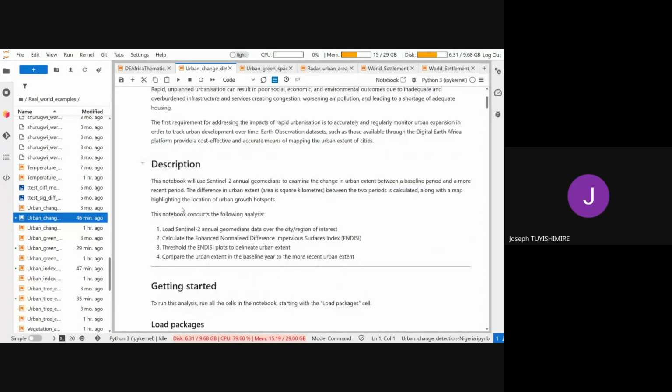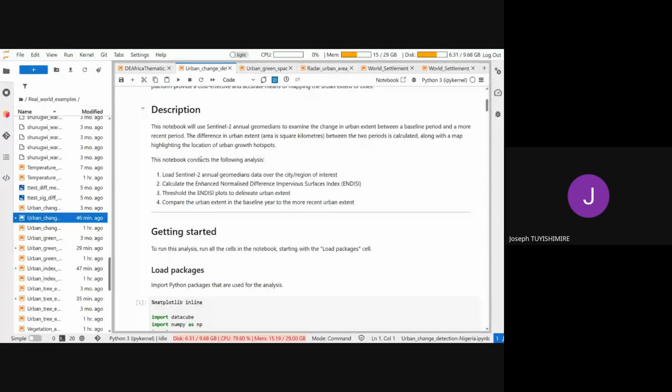So here in the background, we load the Sentinel dataset. We create the ENDISI index. We define the threshold. Then we compare the baseline with the year of comparison.